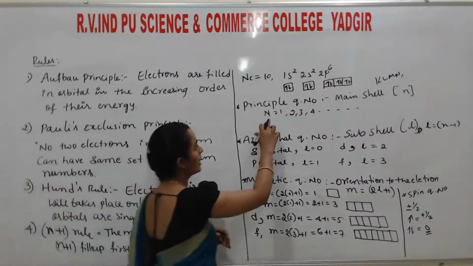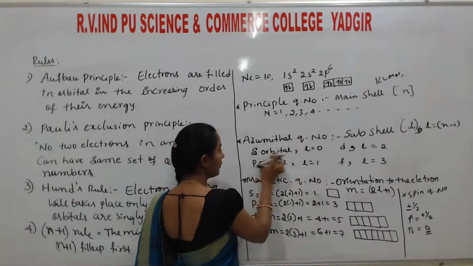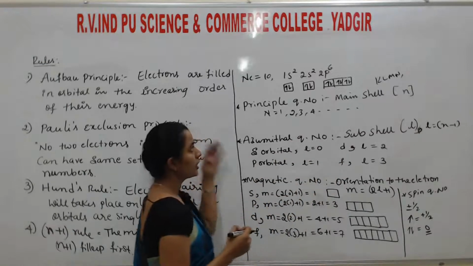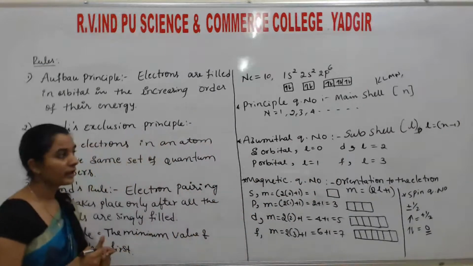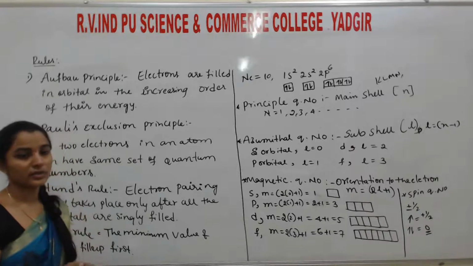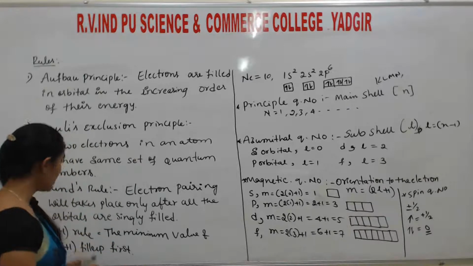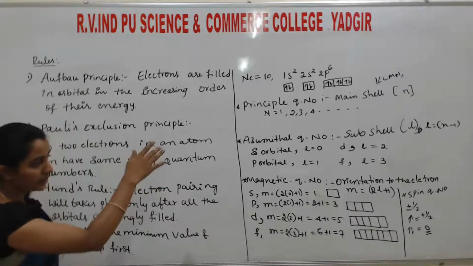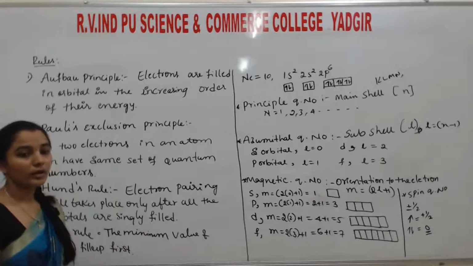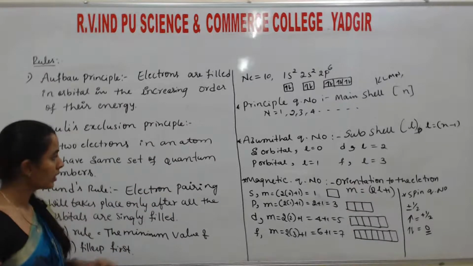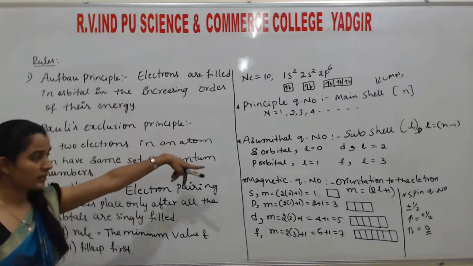For example, n value is 1, 2, 3, 4. l value is 0, 1, 2, 3. If the n plus l value is more, then that filling takes place later. About this n plus l rule, I'll explain to students how we understood the quantum numbers. This one is necessary. That is not that much necessary.